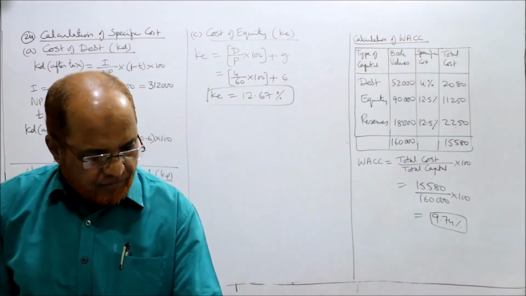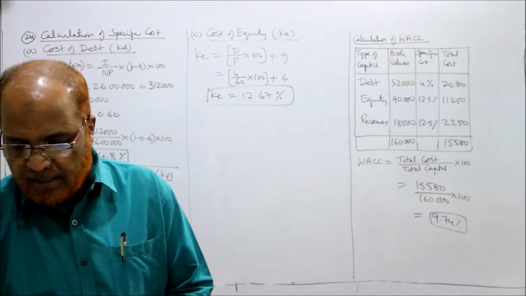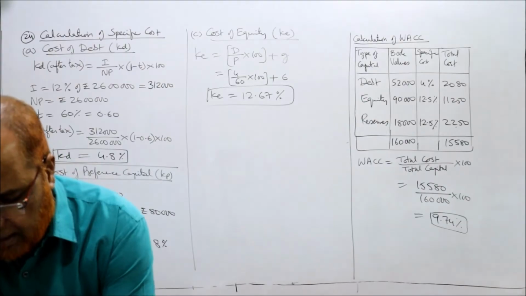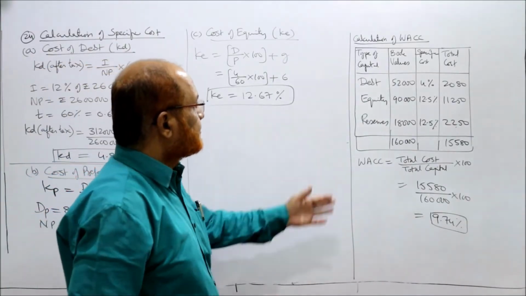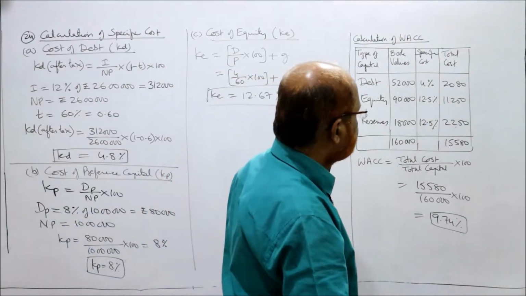That's it. We got all the three items, KD, KP and KE. Now easily we can find out the WACC. Here already the table is prepared.